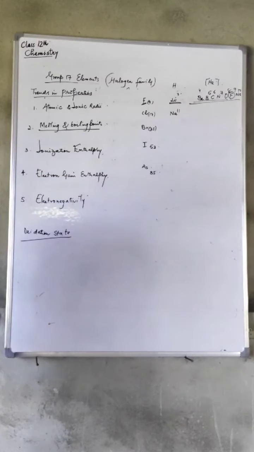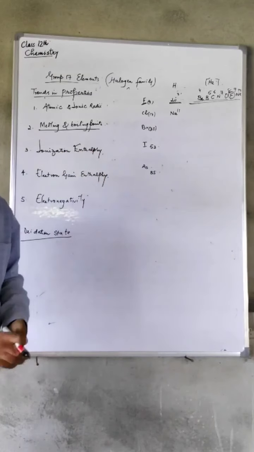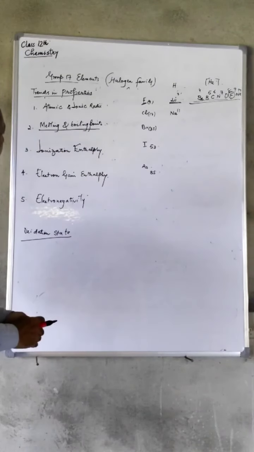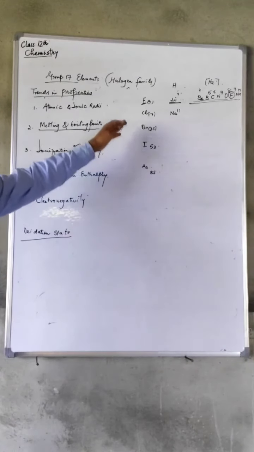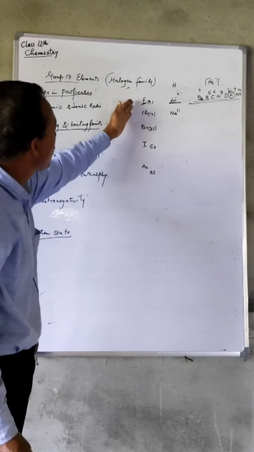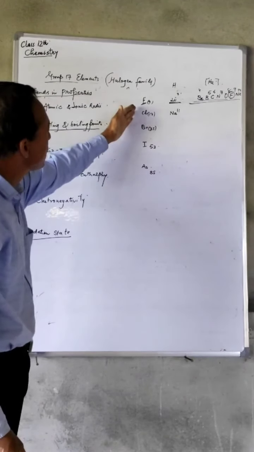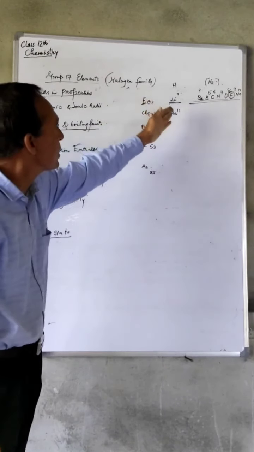Ionization enthalpy. Ionization enthalpy means the amount of energy required to remove the most loosely bound electron. We cannot easily remove the electron from these, so their ionization enthalpy is very high, because they need one electron to attain the stable configuration.